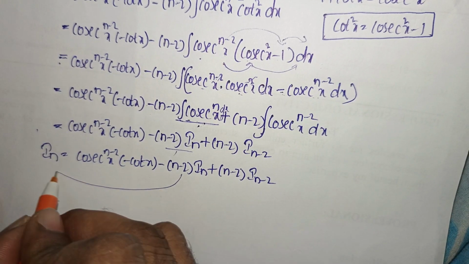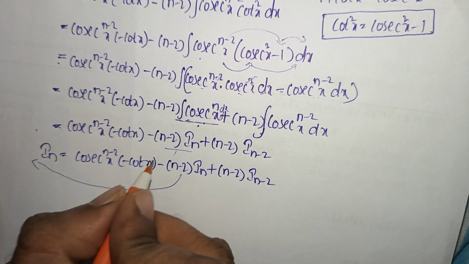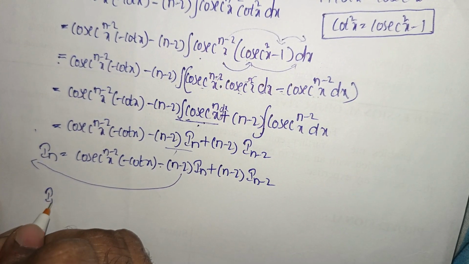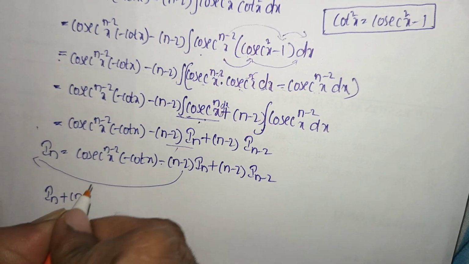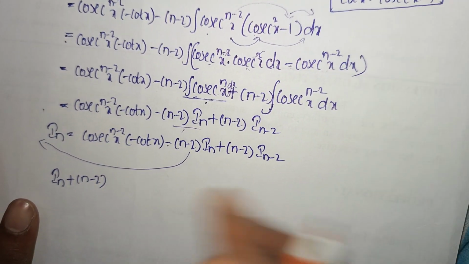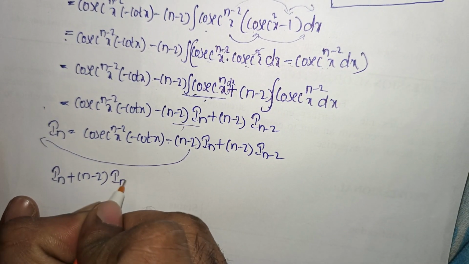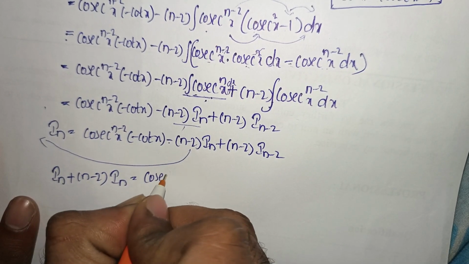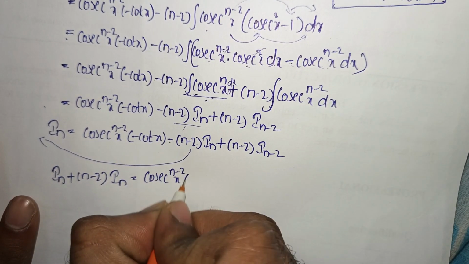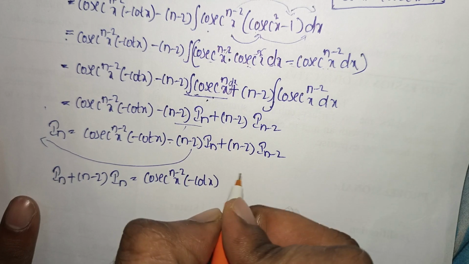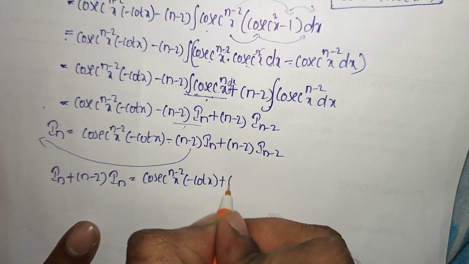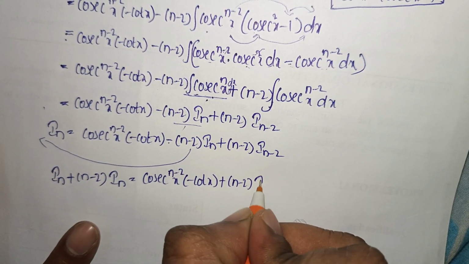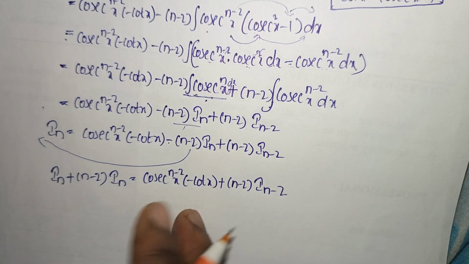So taking this to the left hand side, negative becomes positive: I_n plus (n minus 2) I_n is equal to cosecant to the power of n minus 2 x minus cot x plus (n minus 2) I_{n-2}.